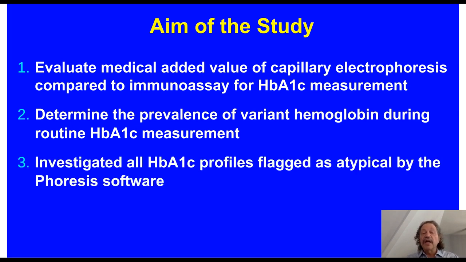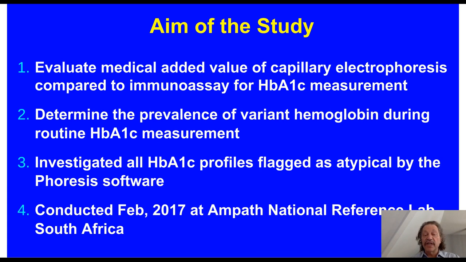And any hemoglobin A1c profile that was flagged as atypical by the phoresis software and the capillary electrophoresis was investigated further. And this study was conducted in February of 2017 at AMPATH Reference Lab in South Africa.